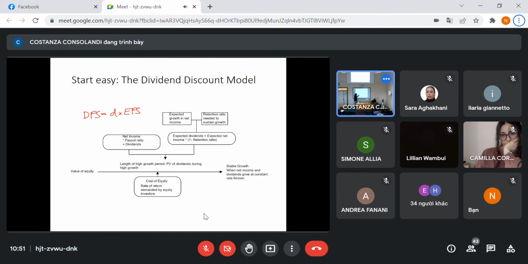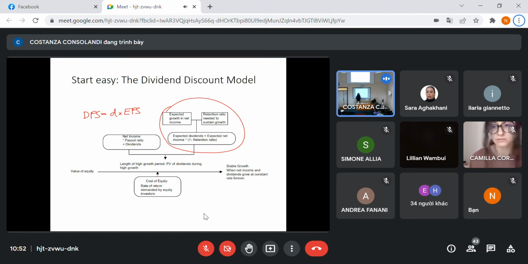Now, which is the growth rate? This is a G. Which are the inputs we need to consider when we talk about the G in dividends? Okay, I can say that the expected dividends, this is a starting point.